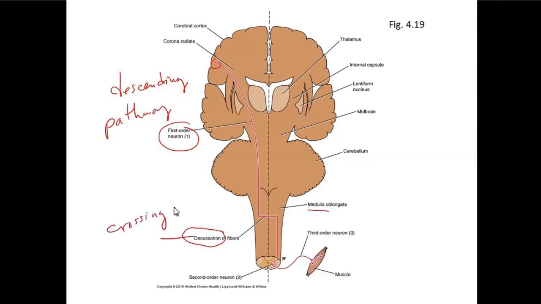Decussation means crossing over of the signal to the other side, travels down, then hits another neuron, a second order neuron within the gray matter of the spinal cord right about here, and then you have a third order neuron that's going to make contact with the muscle fiber here at the myoneural junction.